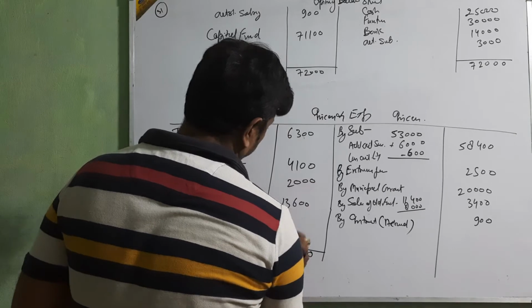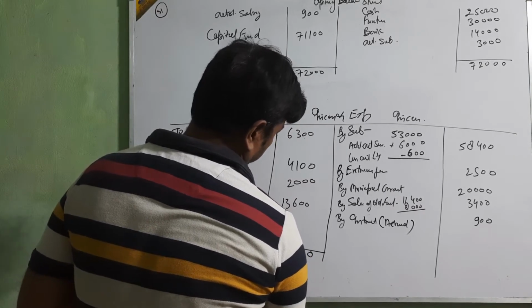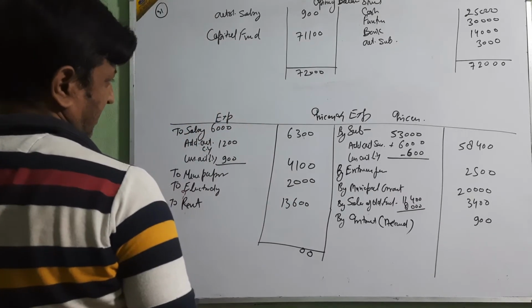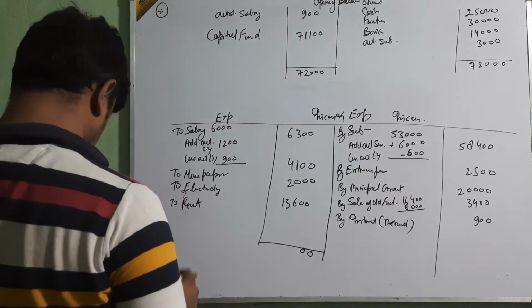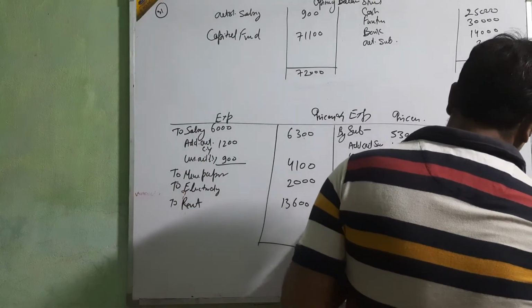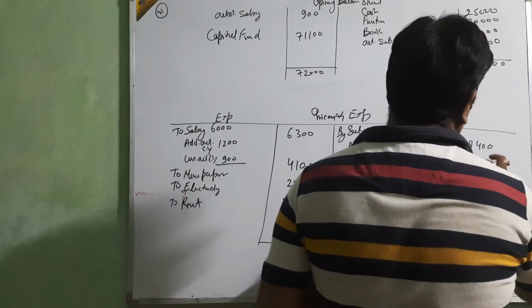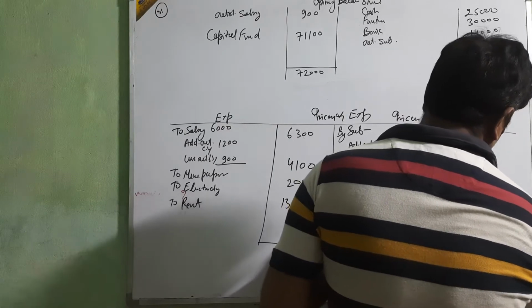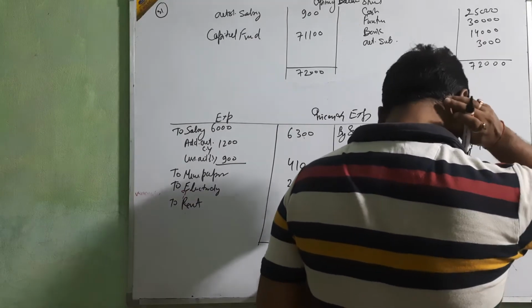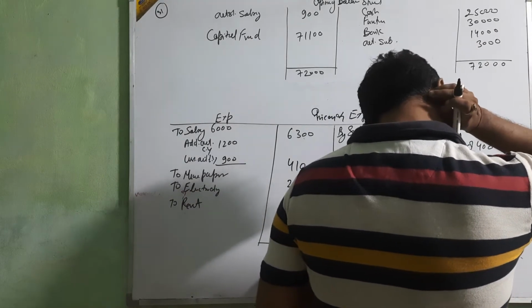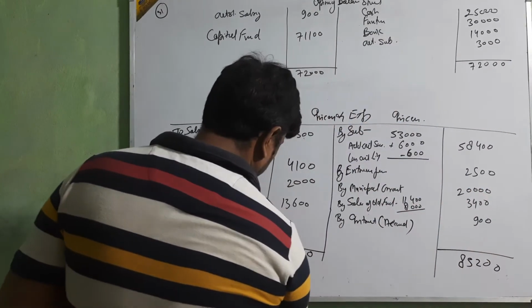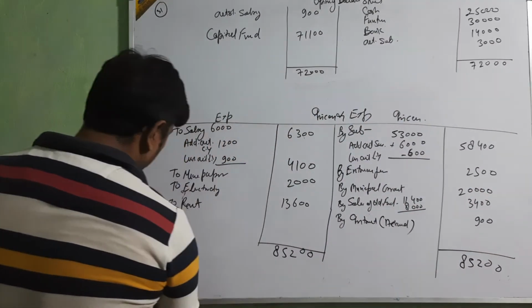Zero, zero. First total of this side. 0, 0, 9, 9, 18, 2. 2 is remain, 10 to 5. 1 remains, 7, 8. 85,200.